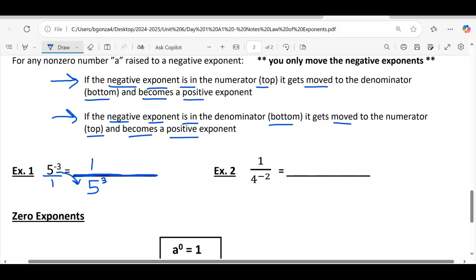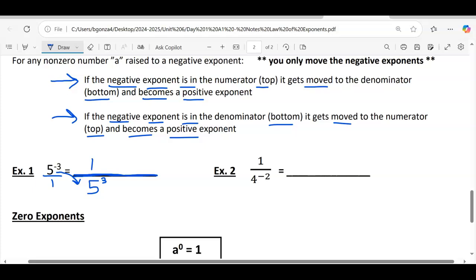It has to be underneath something, so if there's nothing on top, you got to put a 1 there, okay? When you see a negative, you move that term to the bottom. If it's already on the bottom, you move it to the top and remove the negative out of the exponent, okay?